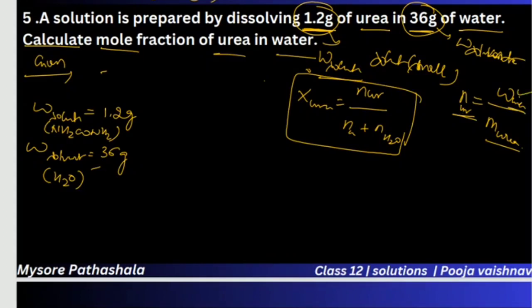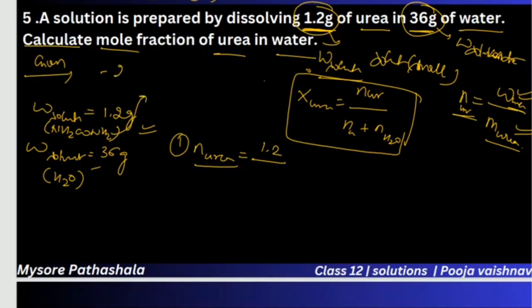So mass of urea is already given here. But what about molar mass? Molar mass they have not given. So now we need to find out the number of moles of urea first. So mass is this one, 1.2 gram, molar mass of urea. So how do we find out the molar mass? Okay, we'll see the molar mass here.